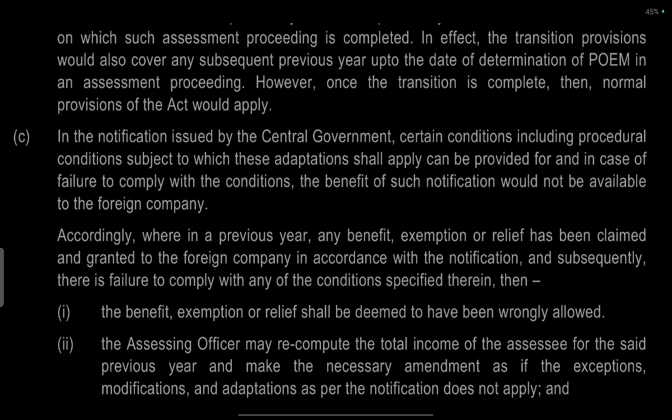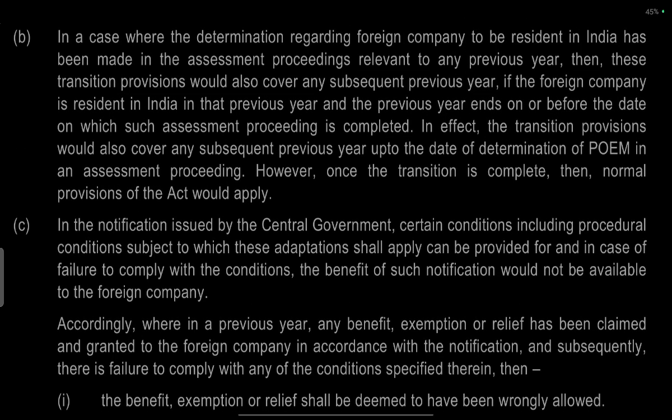However, once the transition is completed, the normal provisions of the Act will apply.